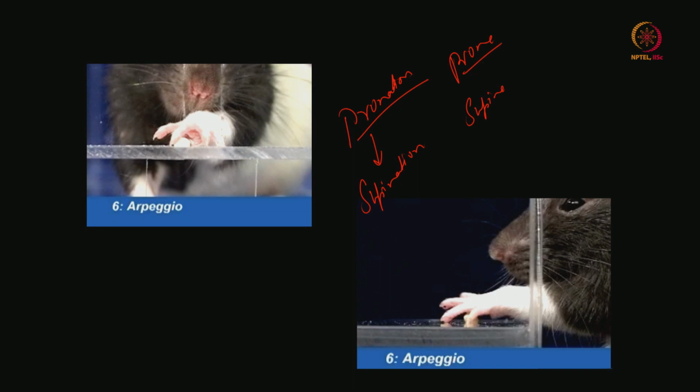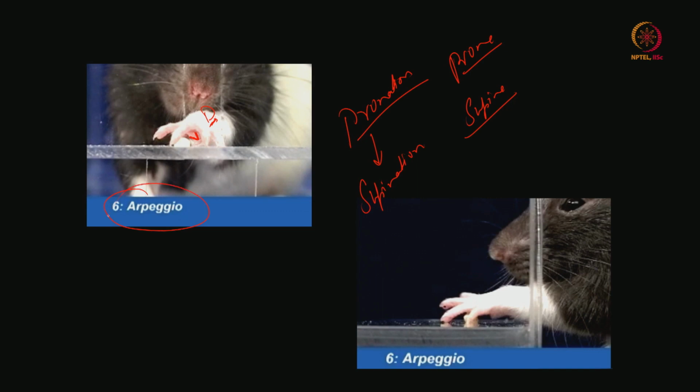When the ventral surface, that is the belly, comes on top, that becomes a supine position for the rodent body. Whereas for the hand, the dorsum is on the top and the palm is ventral. When the dorsum of the hand is on top, that is known as arpeggio.